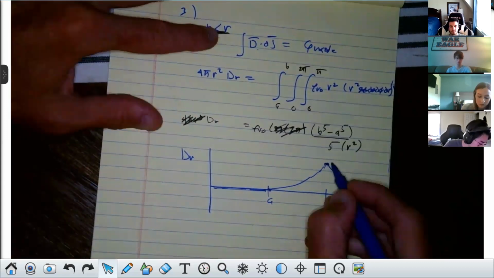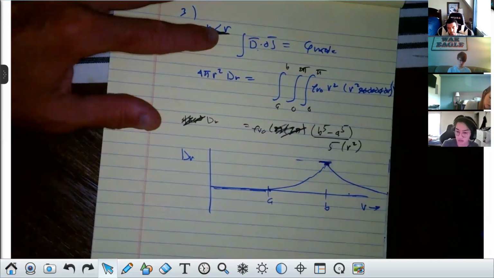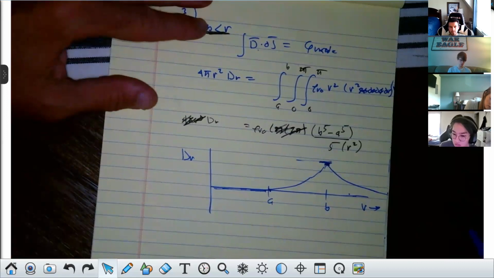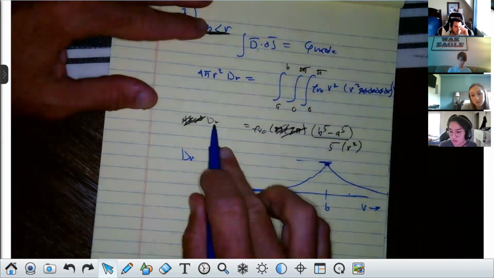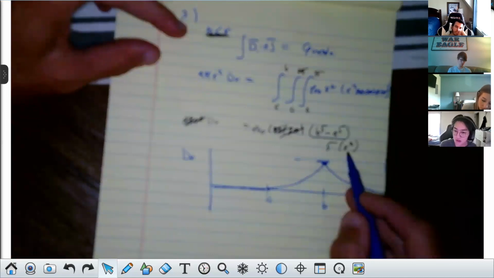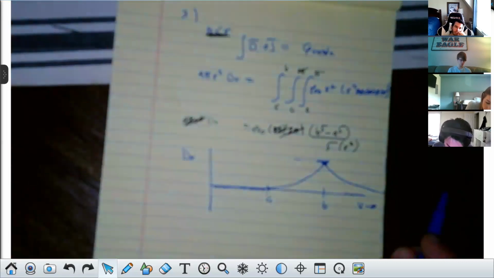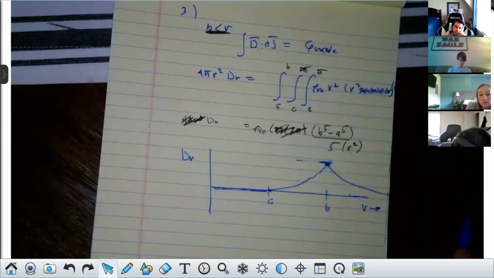How would we get this value? Well, what could we do? Couldn't we evaluate this one right at R equals B? I could evaluate this one or the prior equation at R equals B. Either one will get you the same thing.